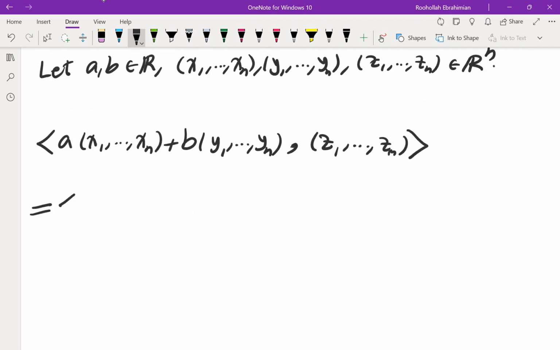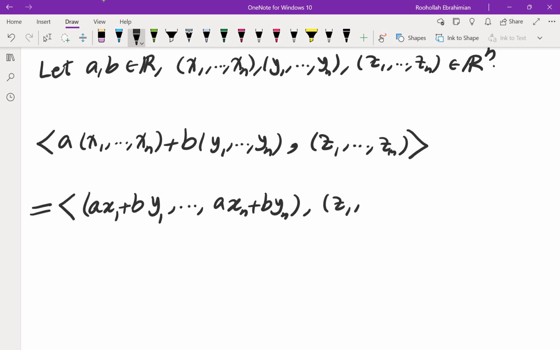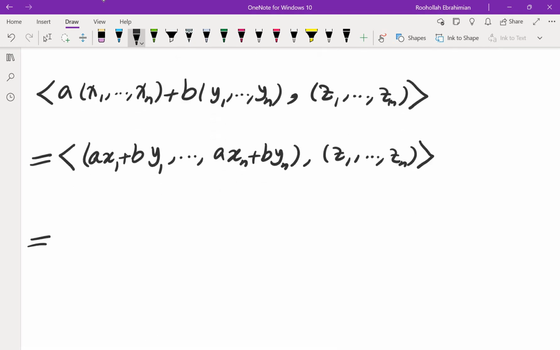I'm going to evaluate this. This is equal to, by the way scalar multiplication in vectors works and addition works, ax1 plus by1, comma, axn plus byn, and then z1 through zn. So this one is by the addition and multiplication in Rn.